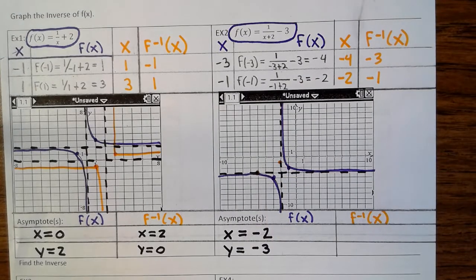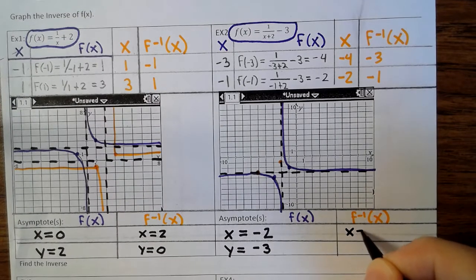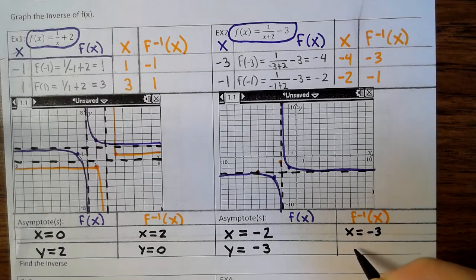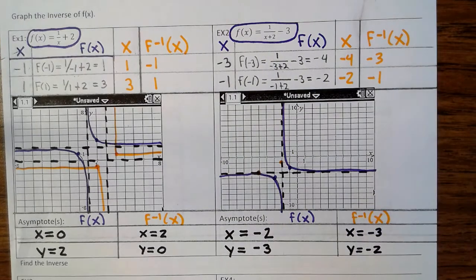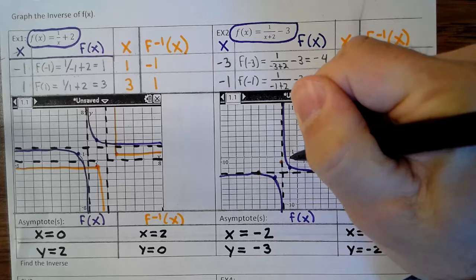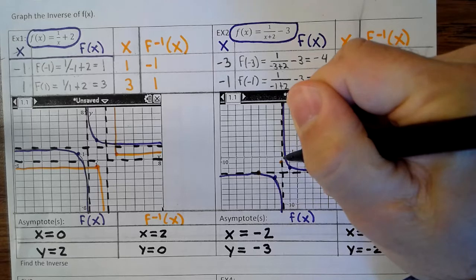Okay, you can see that it's getting kind of messy here. So then our asymptotes are x equals -3 and y equals -2. So -1, -2, -3.